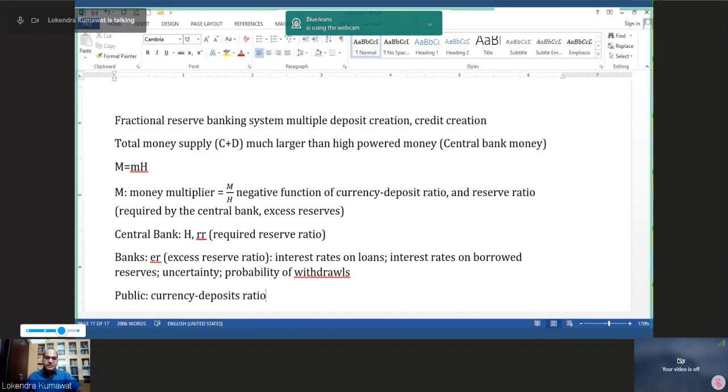One interesting factor that emerges out of our discussion is, unlike what we get to hear in common discussion that the money supply is controlled by the Reserve Bank, please note Reserve Bank is just one out of three parties which can control money supply. Money supply can be controlled, apart from the Reserve Bank, by the banks through the excess reserves and by the public through the currency deposits ratio.